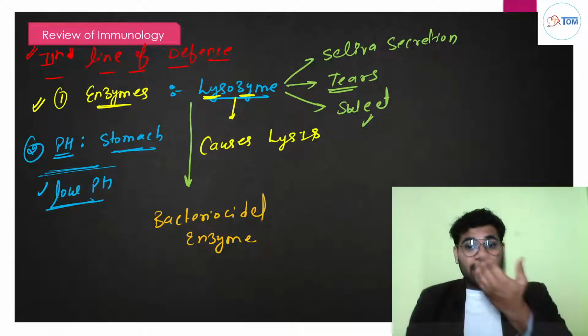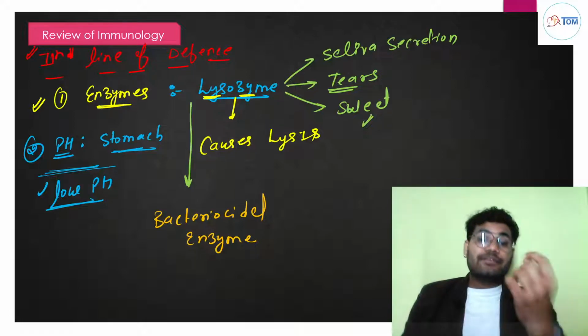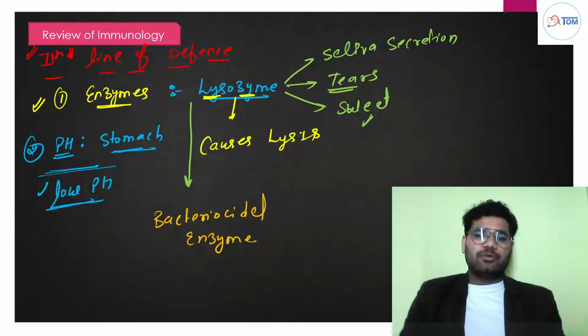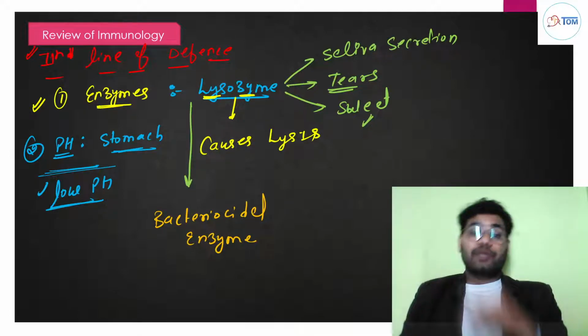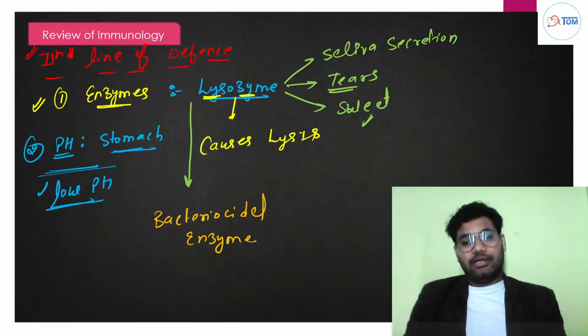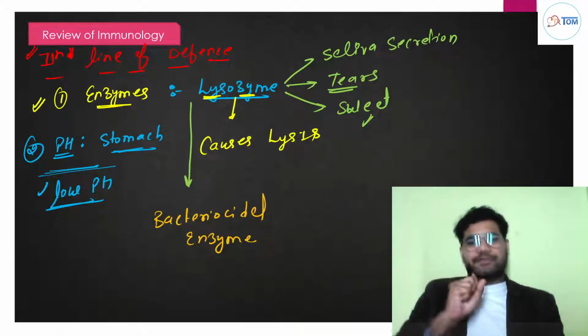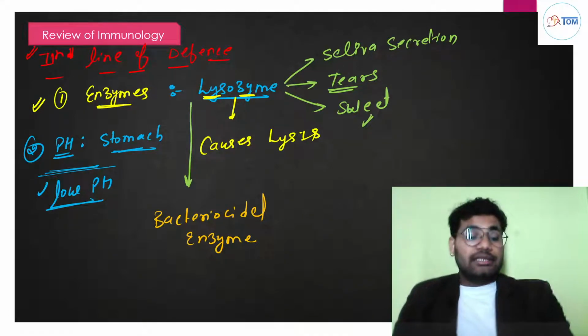Still, the air goes on; we inhale the air through the trachea. Inside the trachea we have cilia. Again, these are physical structures that protect us. Within the trachea we have mucus as well, which traps the pathogen. So these are the barriers.